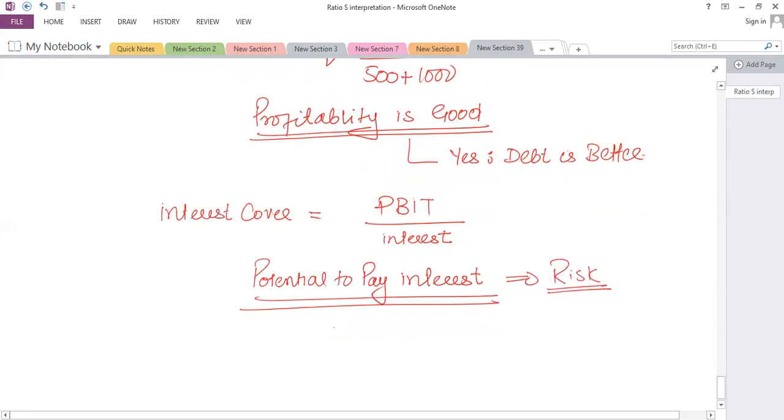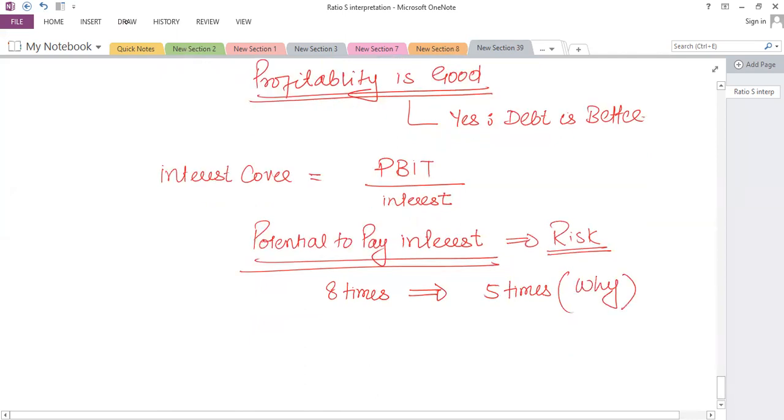For example, it was previously 8 times, now it's 5 times, then you have to ask why there is a decline in the ratio. And obviously, as per the formula, one thing is a fall in profitability.